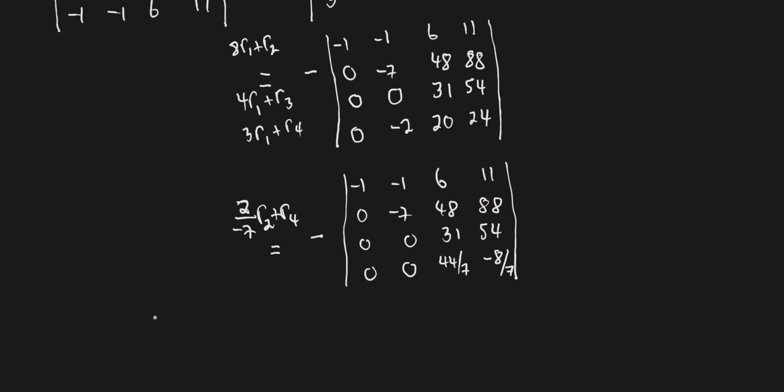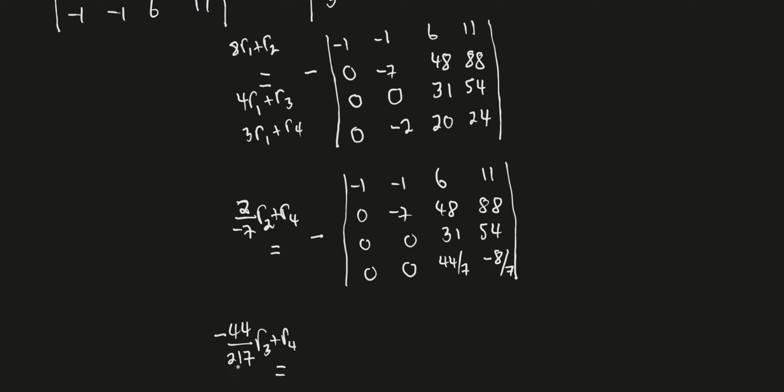So it's going to be negative 44 over 7 divided by 31, which gives me negative 44 over 217. Right? Again, not the type of constant that we typically use, but it really does work. So then this is times row 3 added to row 4.